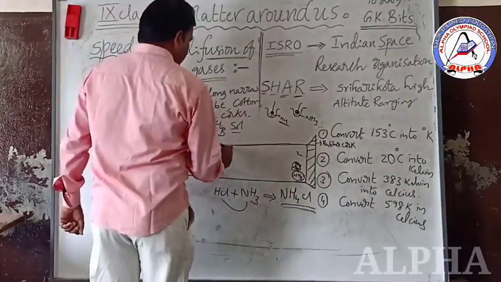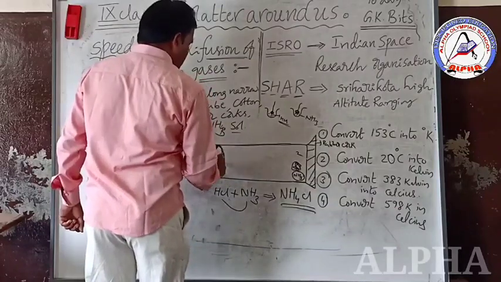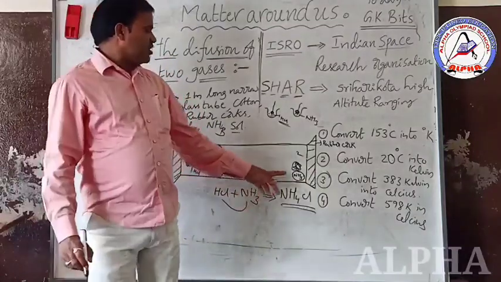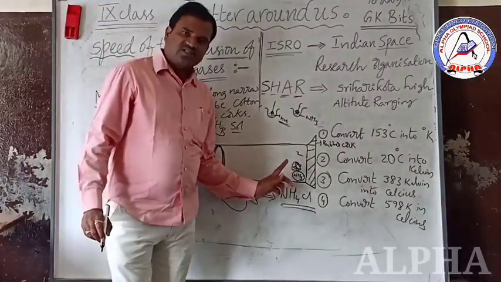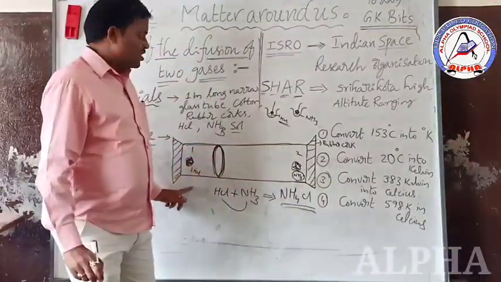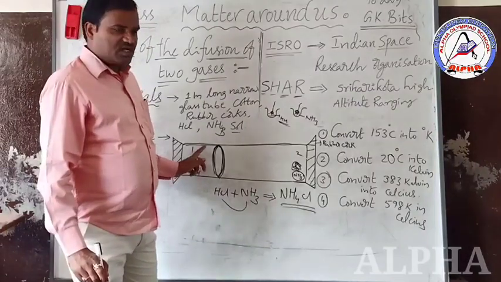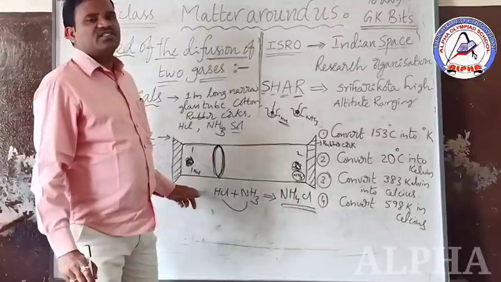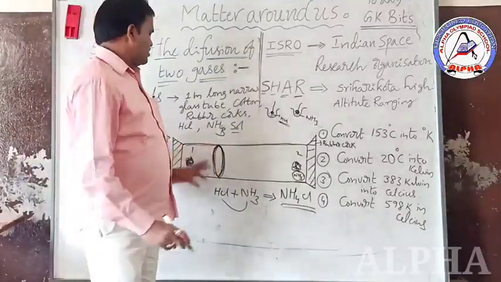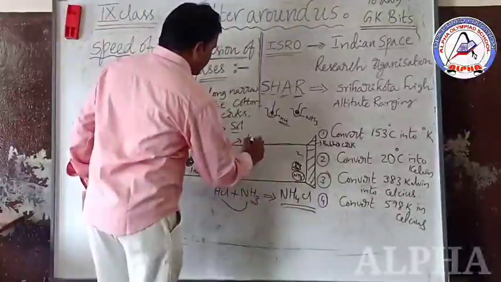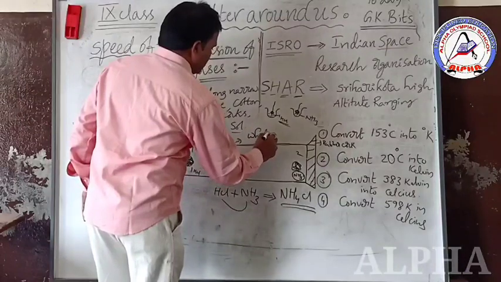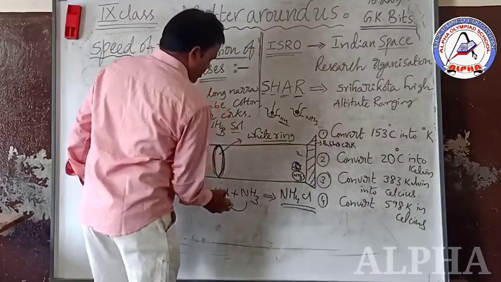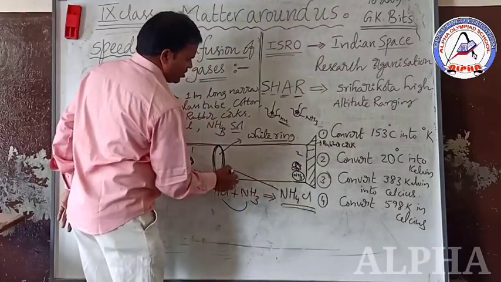From this activity we conclude that the rate of diffusion of ammonia gas is more than the rate of diffusion of hydrochloric acid gas. It is a white ring, and that white ring is nothing but ammonium chloride.